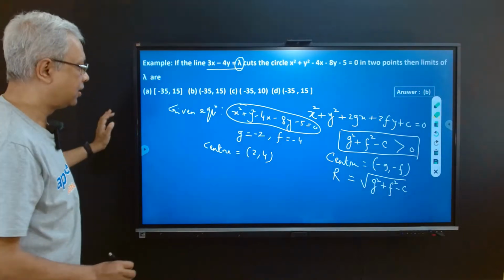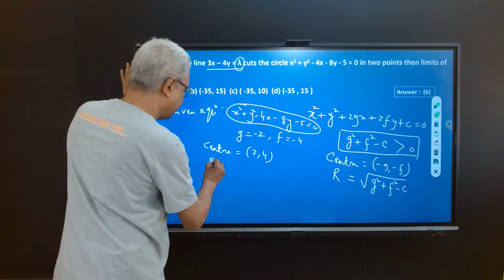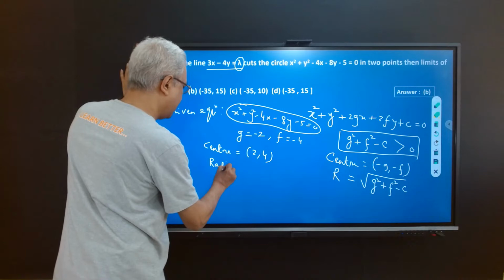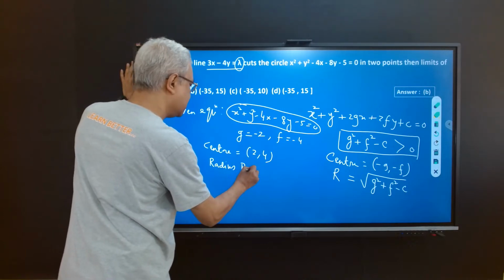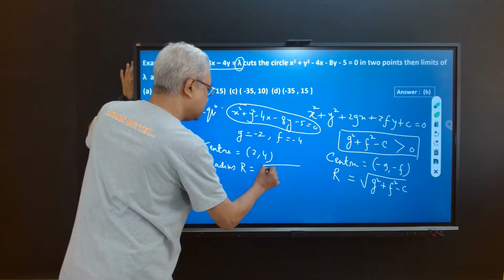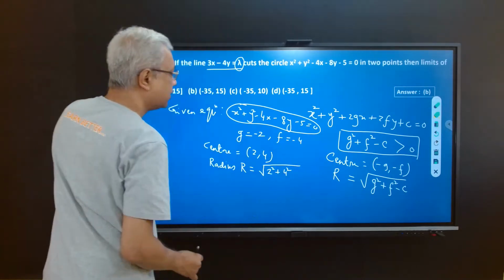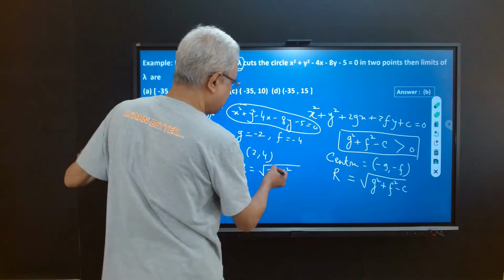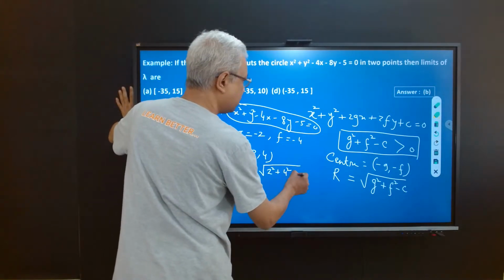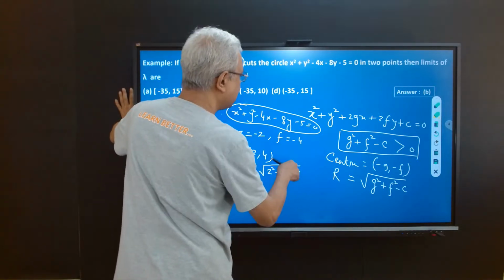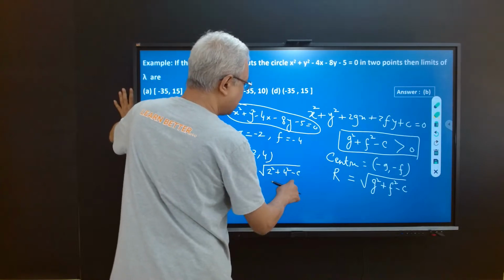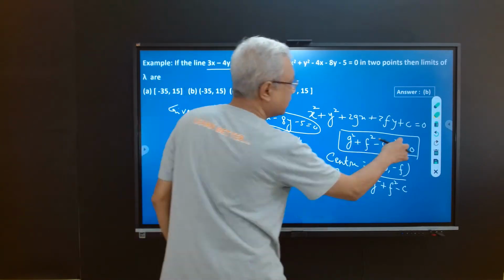No doubt. And radius r is square root of g square plus f square minus c. g square is 2 square plus f square is 4 square, minus c. c is minus 5, so it is plus 5.